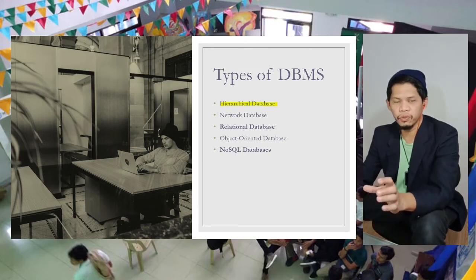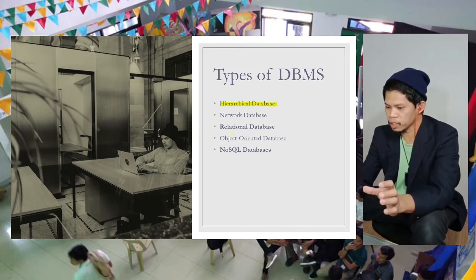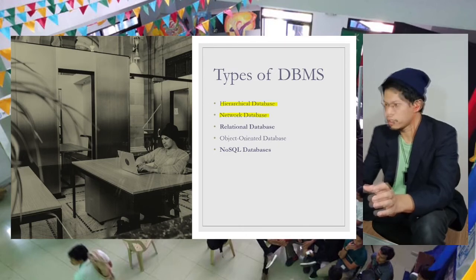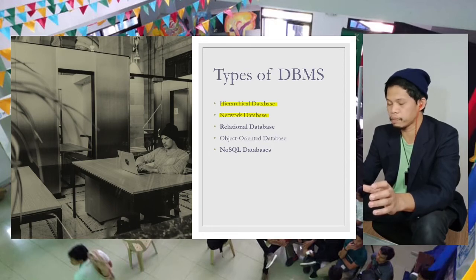And this introduces limitation. Because of this, it introduces the new model, network database. Unlike hierarchical database, the network database model allows each child to have multiple parents. It helps you to address the need of multiple or more complex relationships like many-to-many relationship.